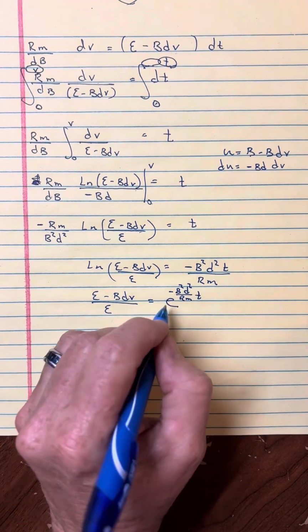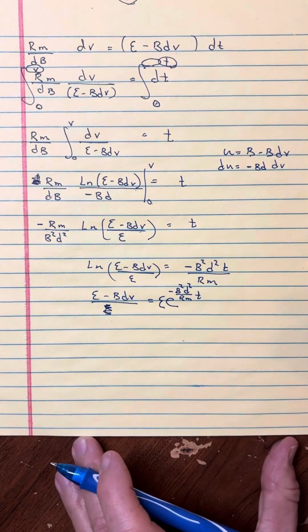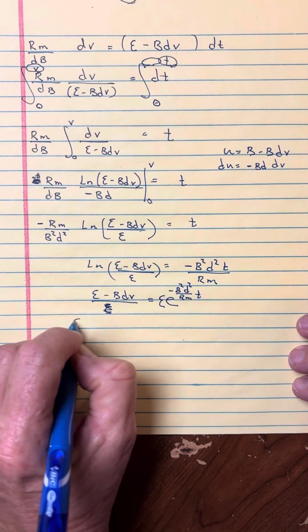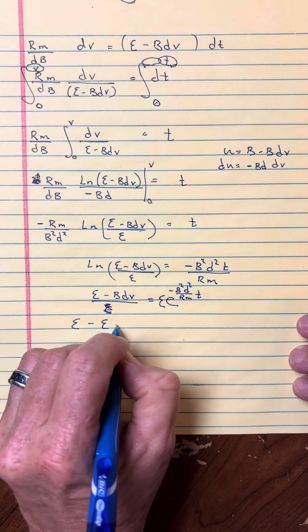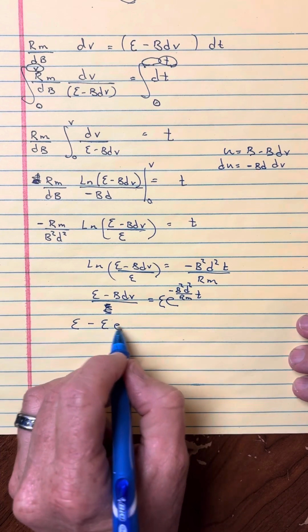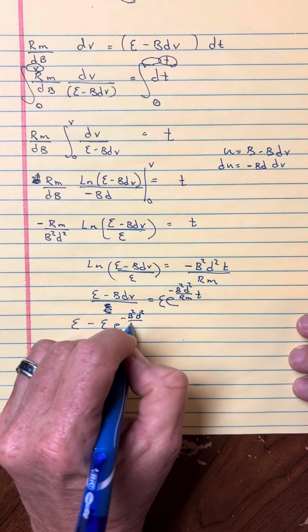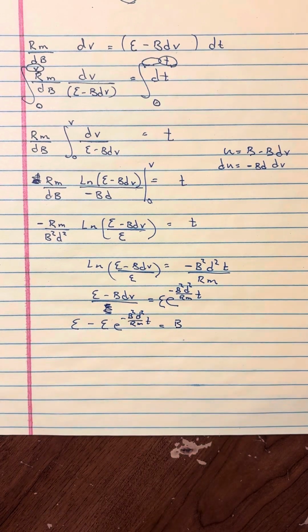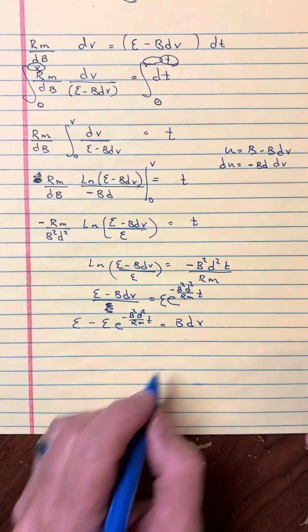If I bring this E to the other side, I can save a line there. And now if I switch positions, I can put an E here and bring this over: minus E times the exponential of minus B squared D squared t over RM equals, and here's my BDv when I bring that one to a plus side.